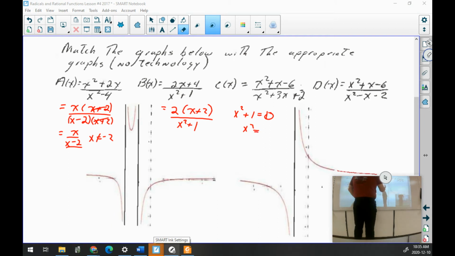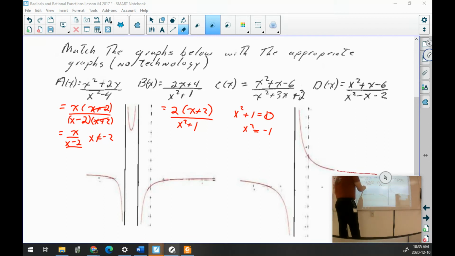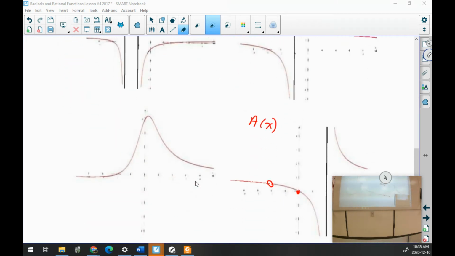X squared is equal to -1. There's no solution to that. So for B, we have no vertical asymptote, and we have an x-intercept at -2. Here's our x-intercept, and I have no vertical asymptote.